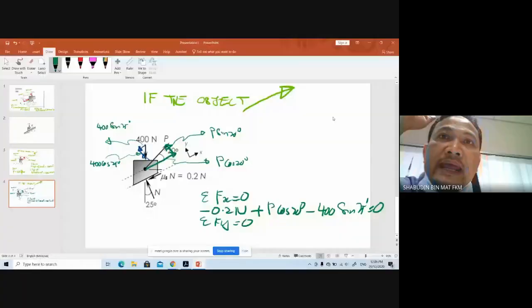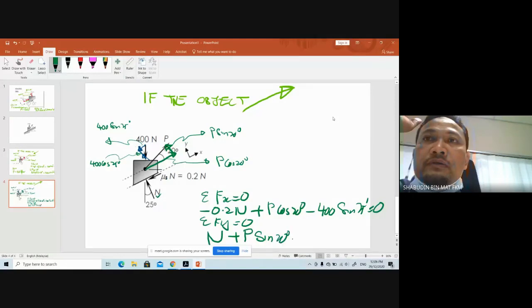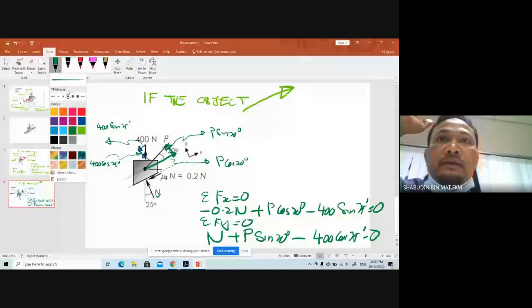What do you have in Y? Force N plus P sine 20 degrees, minus 400 cos 25 degrees, that equal to 0. Then you do a simultaneous equation and so on.